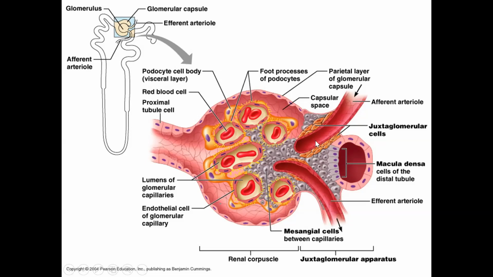Arterioles. And then you can see the afferent arteriole is bigger in diameter than the efferent. That means more blood coming in, and delayed blood going out. This will create a pressure in these glomeruli to allow the filtration to take place.